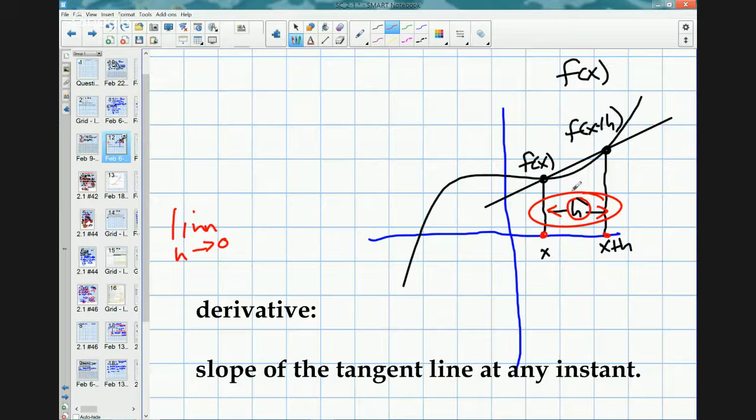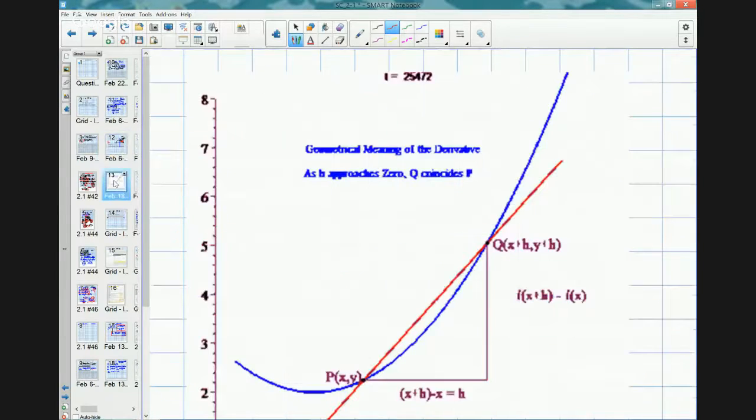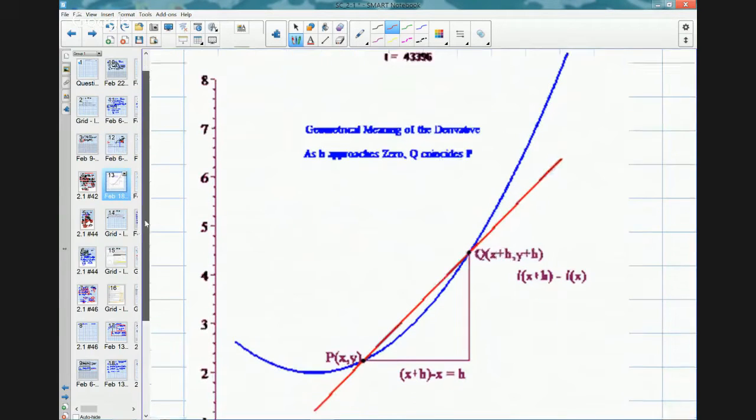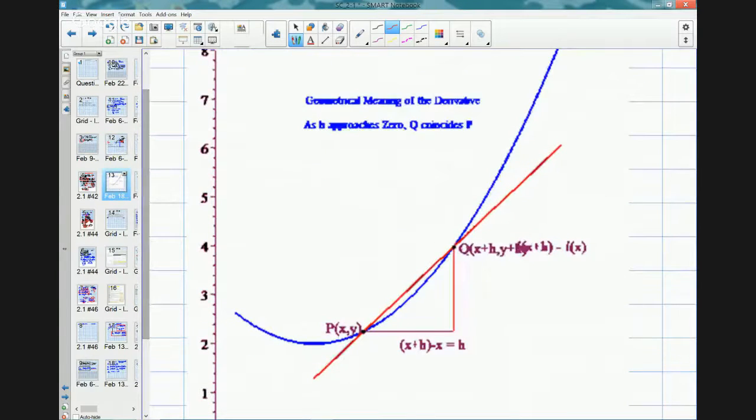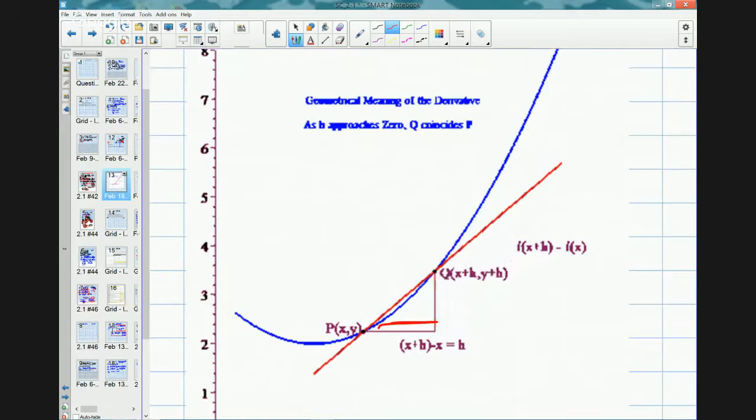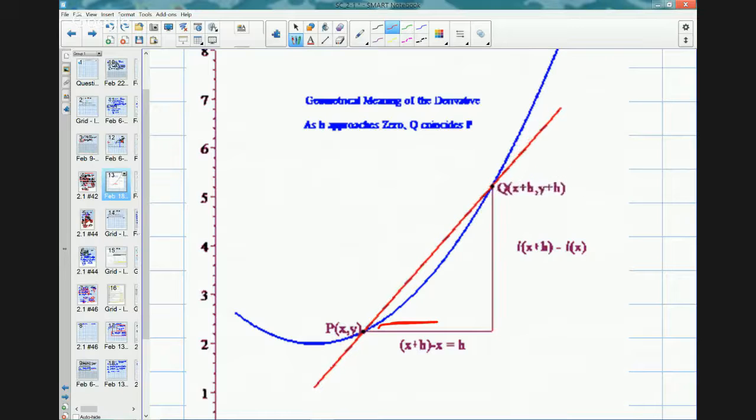I think I've got an animation in here. Yeah, here it is. So here's what's happening. We're taking the h right down here and we keep shrinking it until it approaches 0, and now we're down to 1 point. And then it's just the animation over again.